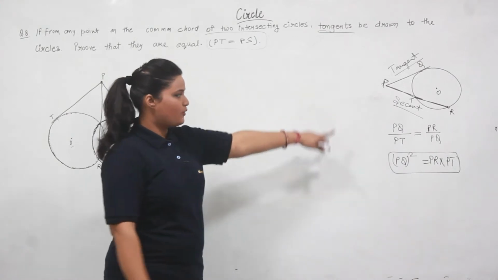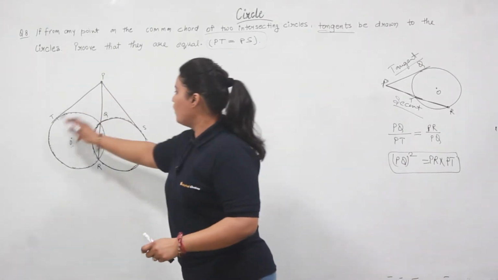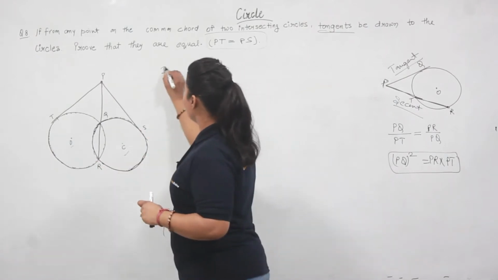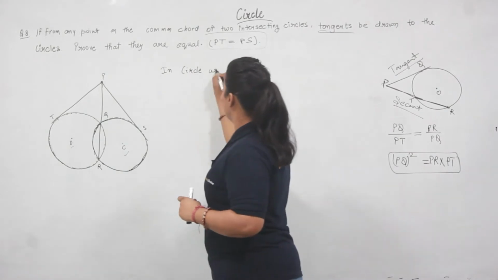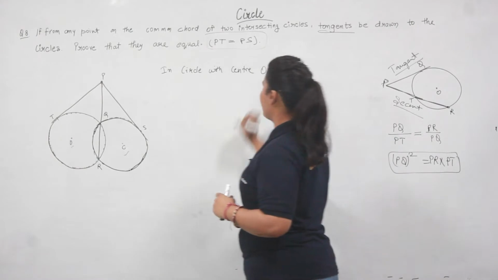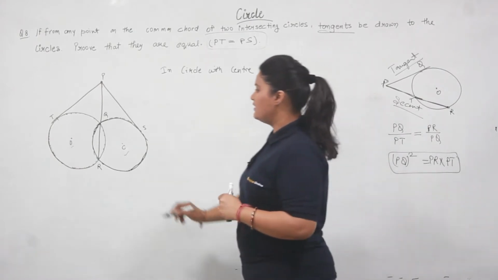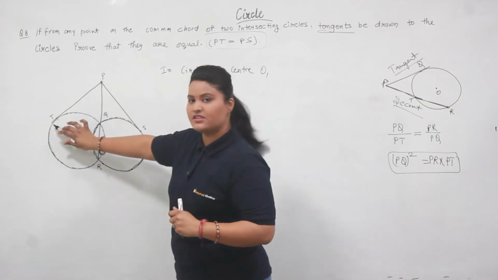Just apply this relationship in the circle with center O. What will be the relationship between the secant and the tangent?